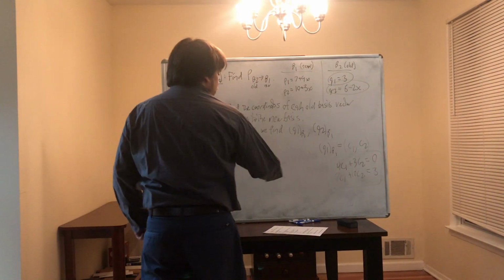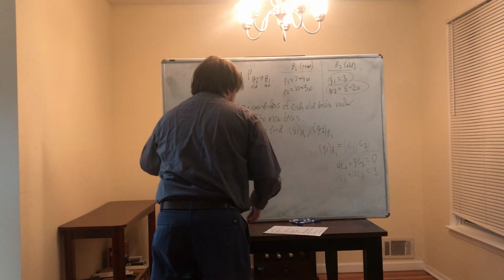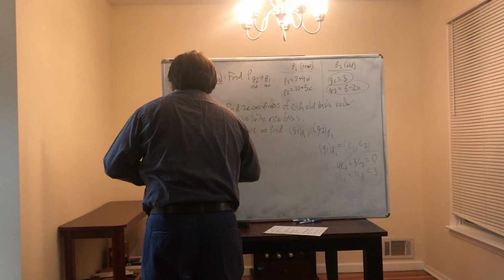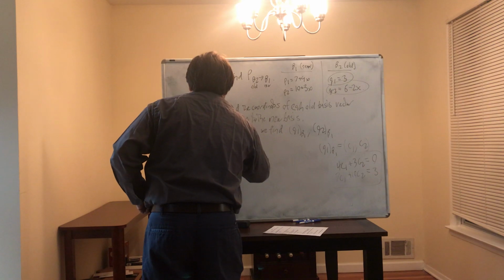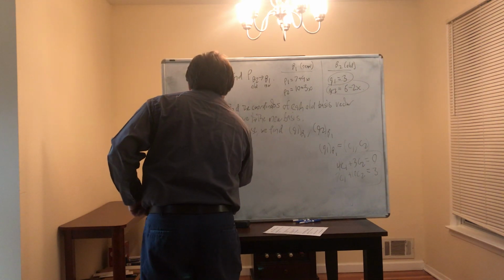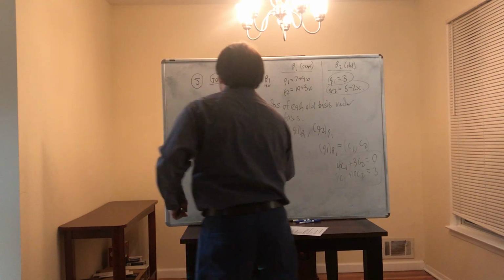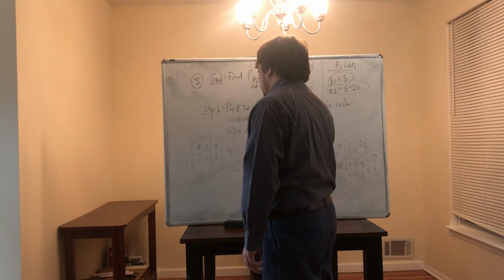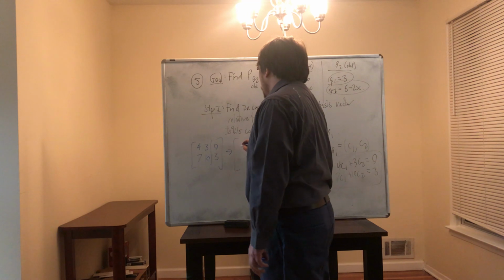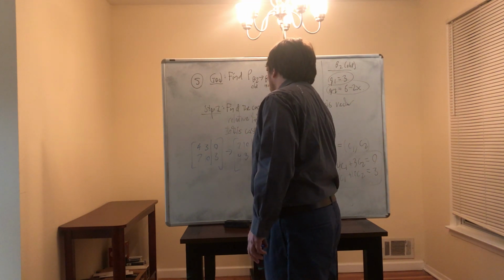Okay, so we're going to find the corresponding augmented matrix to that linear system, and we're going to have 4, 3, 0, 7, 10, 3. And so finding the solutions to that, I'm going to switch the rows.